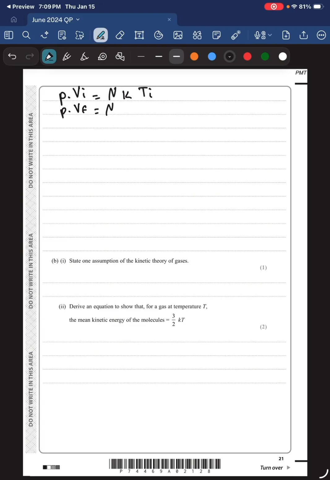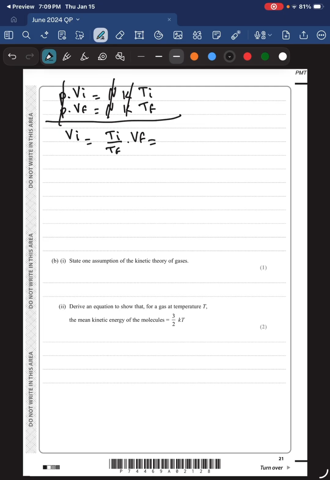Therefore, you approximately have the same number of molecules, right? So you have to assume it's the same as well. If we divide these two, we get these nice cancellations, and we are left with Vi equal to Ti over Tf times Vf, okay?